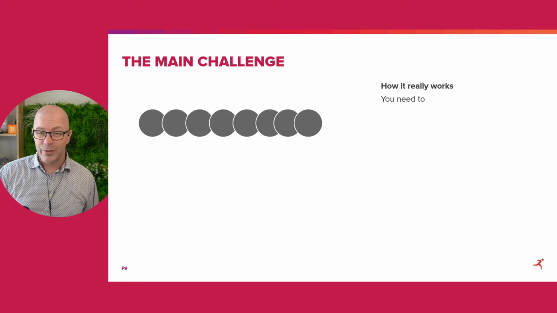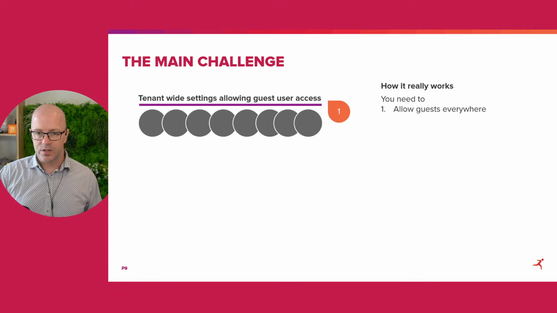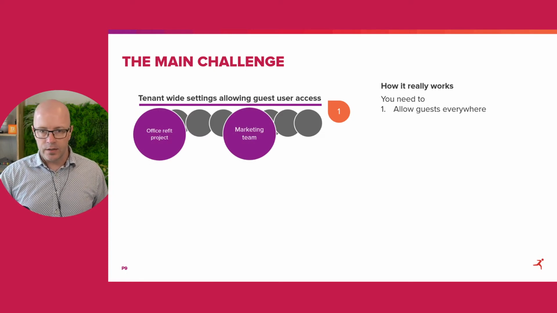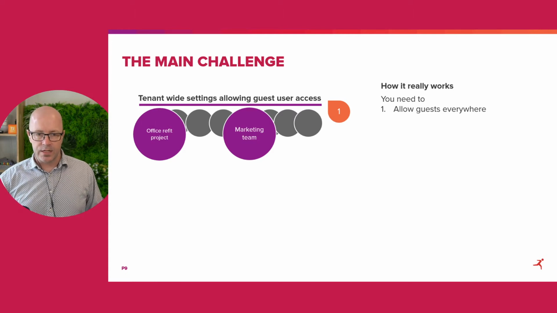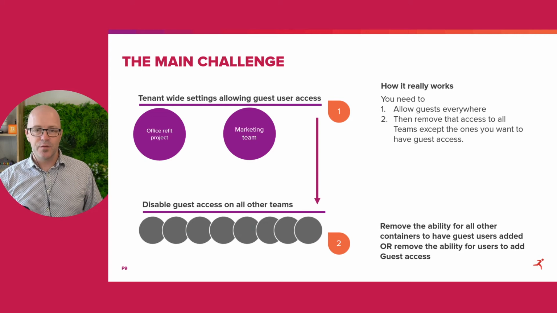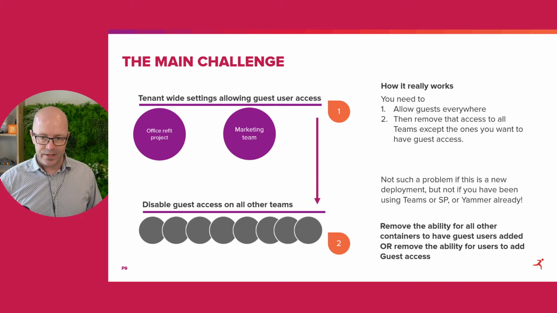But how it actually works, Microsoft has designed Teams and groups and this external access or guest access for collaboration. So what we actually have to do is allow guest access at that higher level so that it applies to everything, and then we have to lower the security for everything else that we don't want to have guest access for.